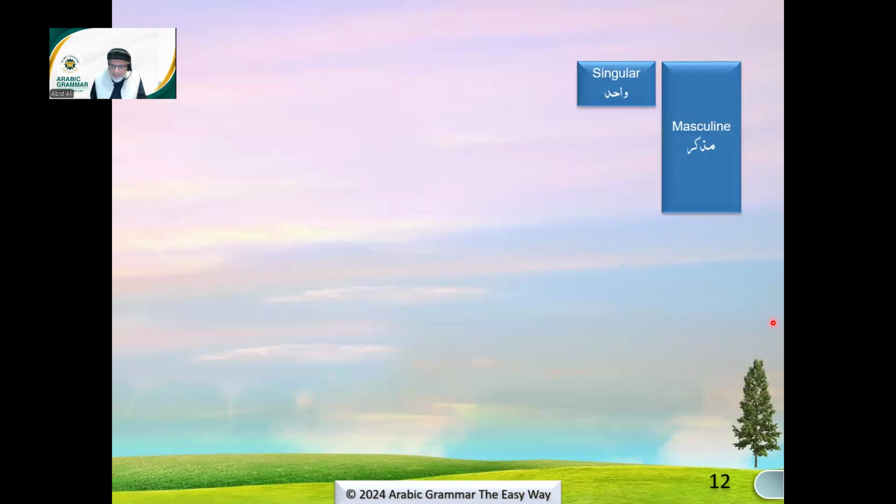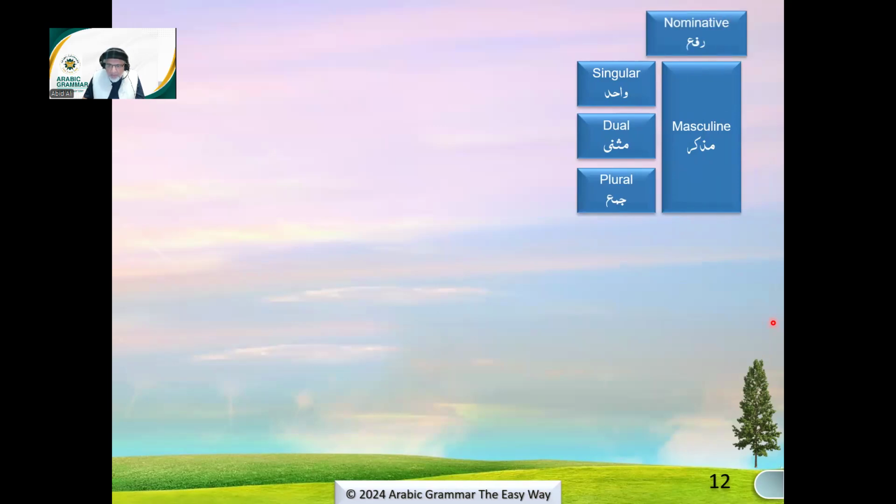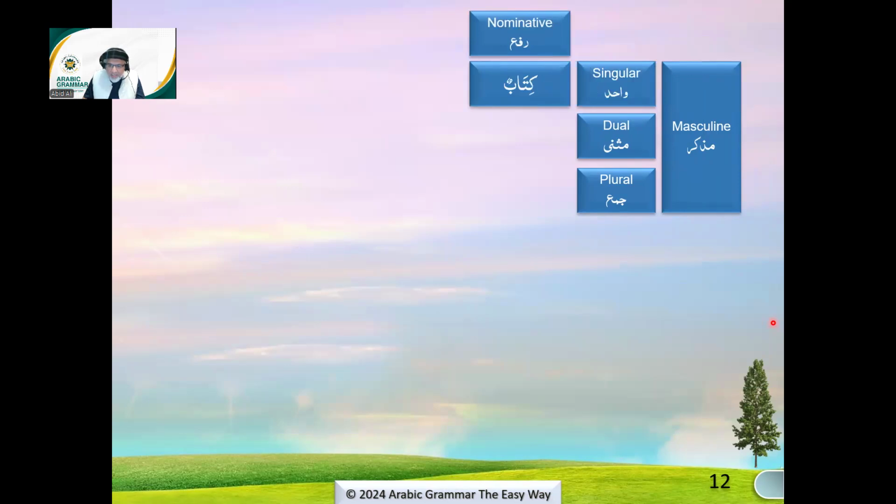Now, look at this chart. This chart is the animation of the same thing I've shown you. If you have the word Mudakkar, and then you are dealing with Wahid, Mutanna, and Jama, and the word is kitab, then Rafa will be kitabun, Mutanna will be kitabani, and Jama will be kutubun.